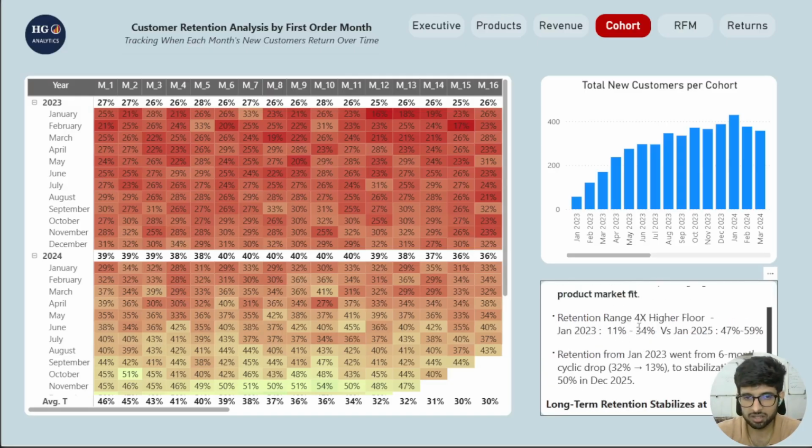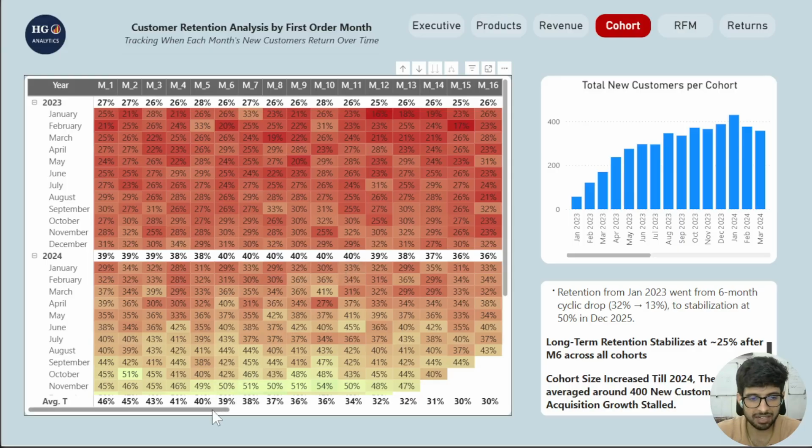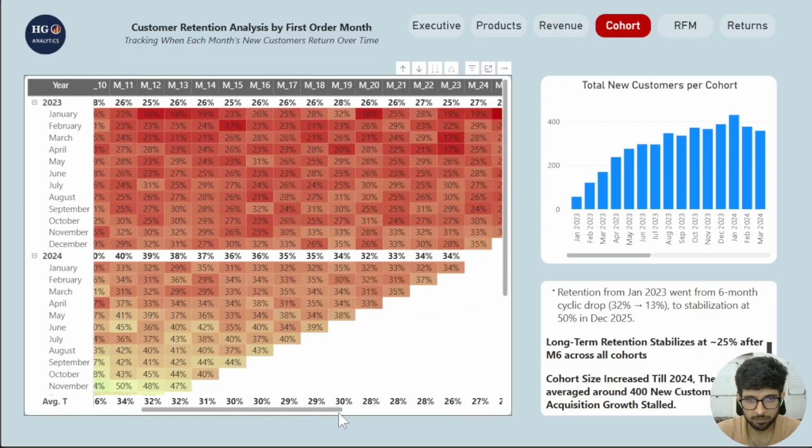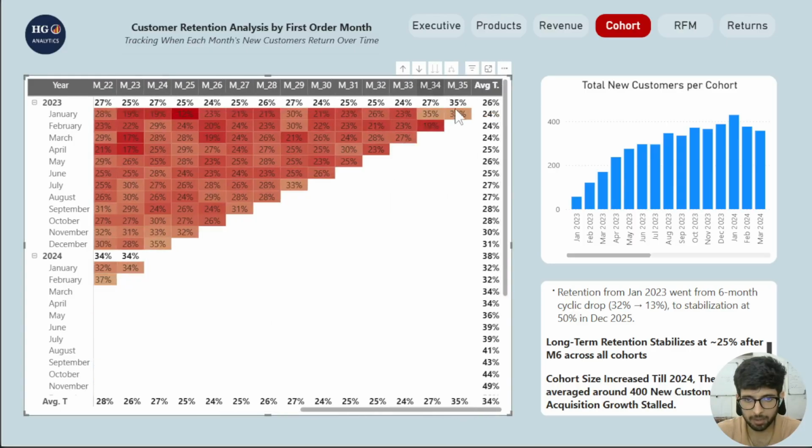The retention range has a four times higher floor in 2025: in 2023 it was 11 to 34%, and in January 2025 it was 47 to 59%. And I have seen there is a cyclic drop. If you look, you can see a red row, then a big red row, then a big red row, then a red row, and then customers suddenly come back.